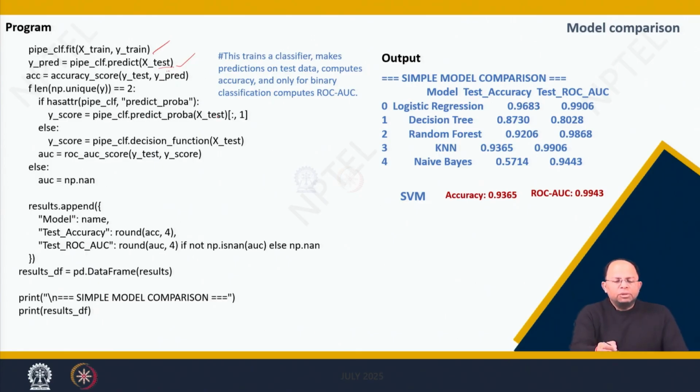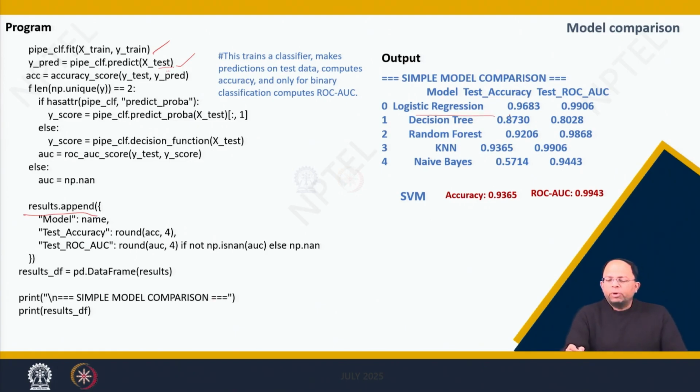So all the different scores that we are getting out of these models. We will run the models one after another, get their scores, and then print them, and once it is printed, it comes like this.